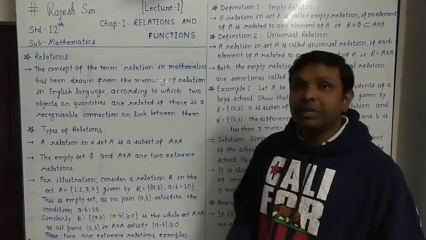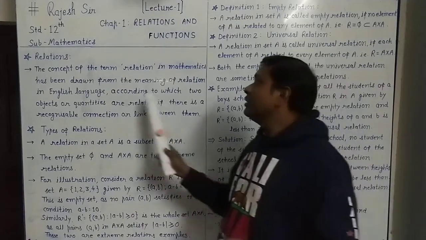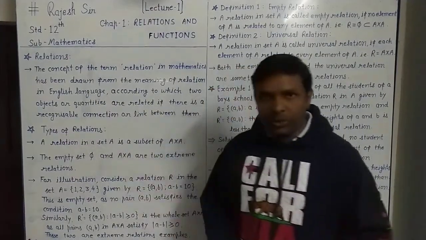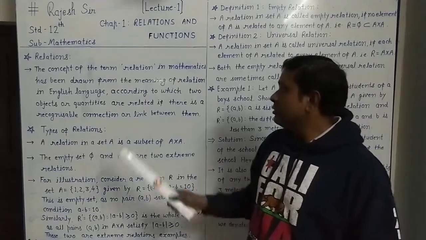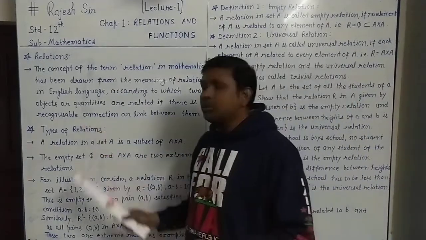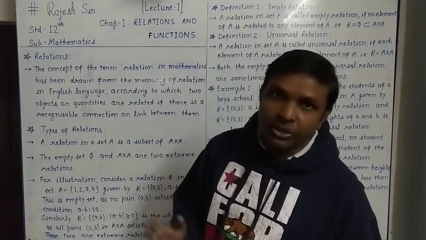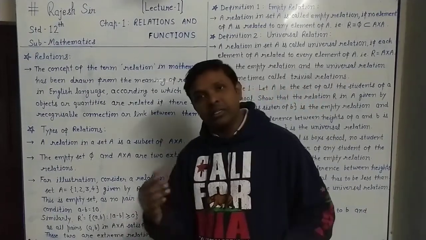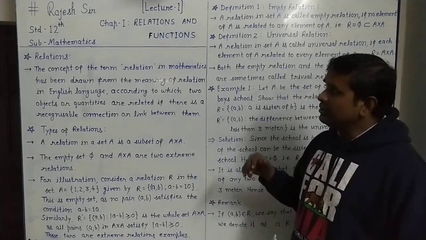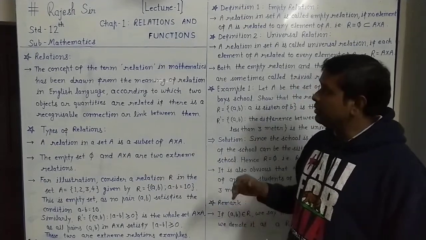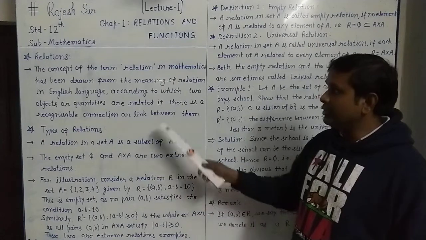Some connection or link must be there between the objects or quantities, then we can say there is a relation in maths also. Then only we can say there is a relation. So this is the definition of relations.